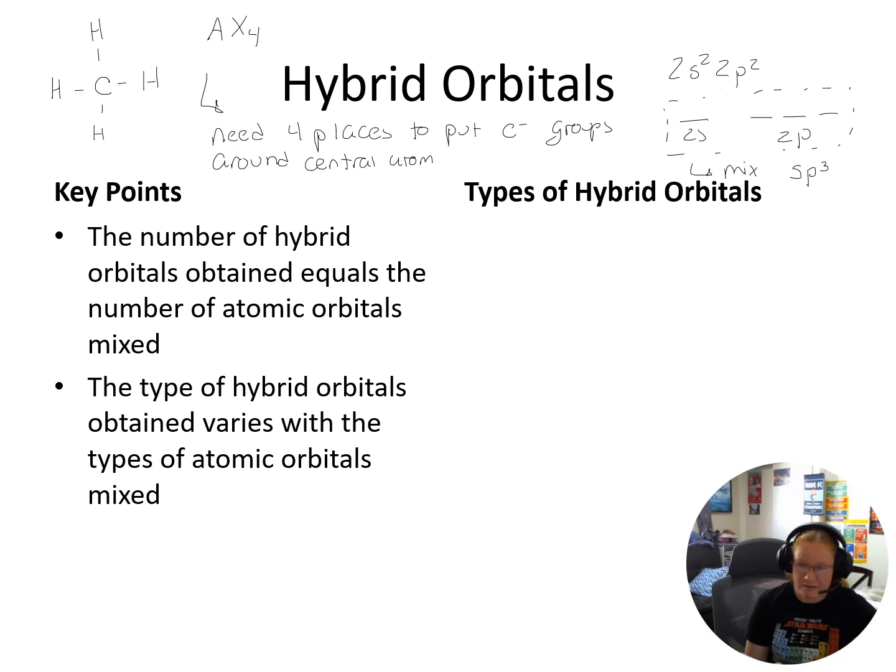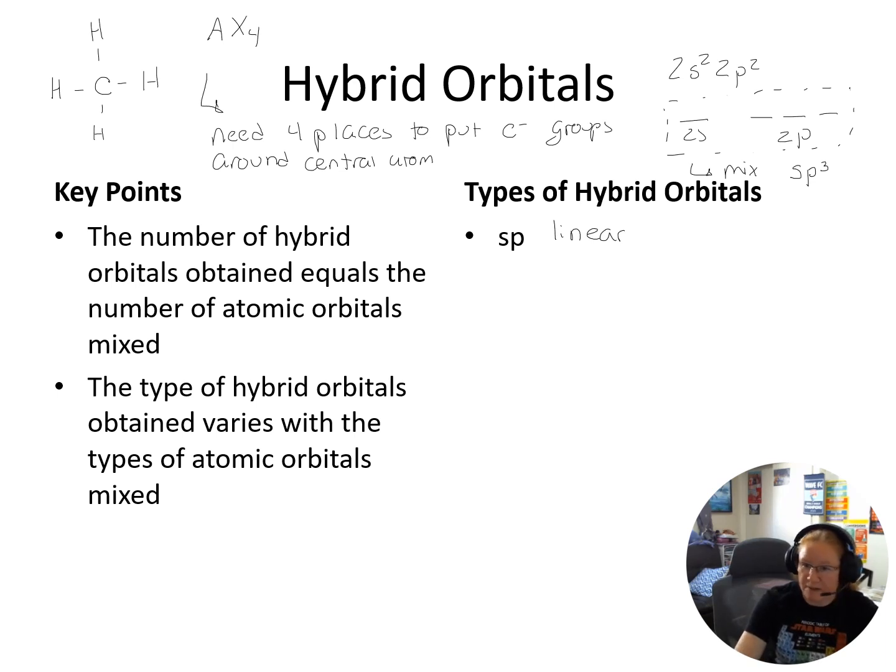So what are these various types of hybrid orbitals? If I have linear, I need 2 places, so we take s and then p. My sp hybrid orbitals correspond to linear. Let me rewrite that. Our linear molecules are sp.